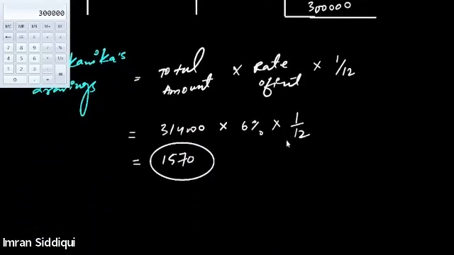And then 3 lakh into 6% will be 18,000, right? Yes, sir. 18,000 divided by 12 will be 1,500. This is the correct answer.